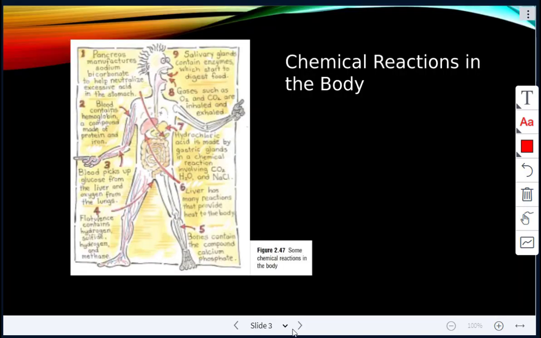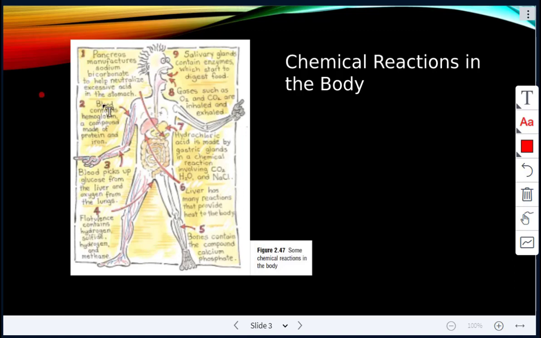Here is an example of chemical reactions taking place in the body. I won't go over all of them, but for example, in our mouth, in our saliva, we have enzymes, and those enzymes start to digest the food that we eat, especially the starches, such as breads and other starchy foods with carbohydrates.